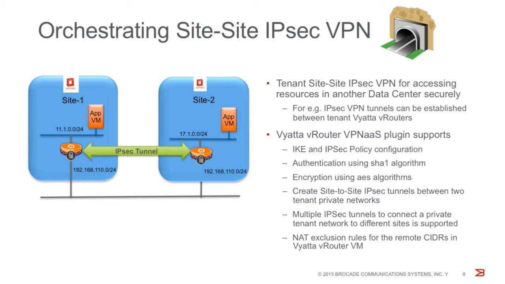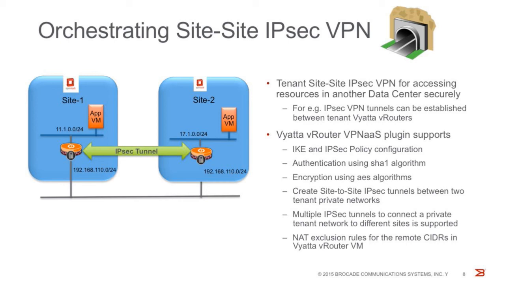internet key exchange policies, IPsec policies, which means negotiating the authentication algorithms and encryption algorithms and so on, so that the VMs connecting to 11.1 subnet can talk to the VM in 17.1 subnet, although they are in 2 different networks across the internet in 2 different data centers.